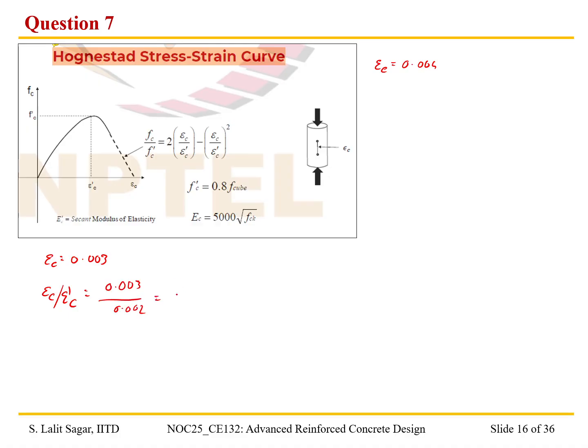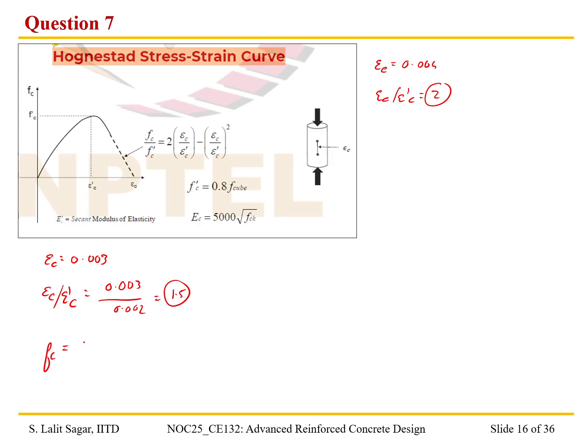...0.002 gives us a value of 1.5, and here epsilon c by epsilon prime c gives us a value of 2. Okay, let us take the help of this equation to arrive at the stress in concrete, that is Fc.